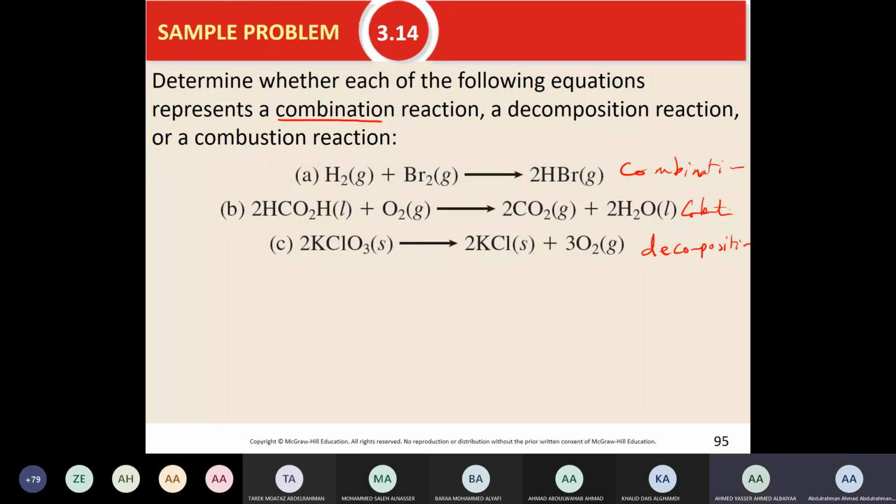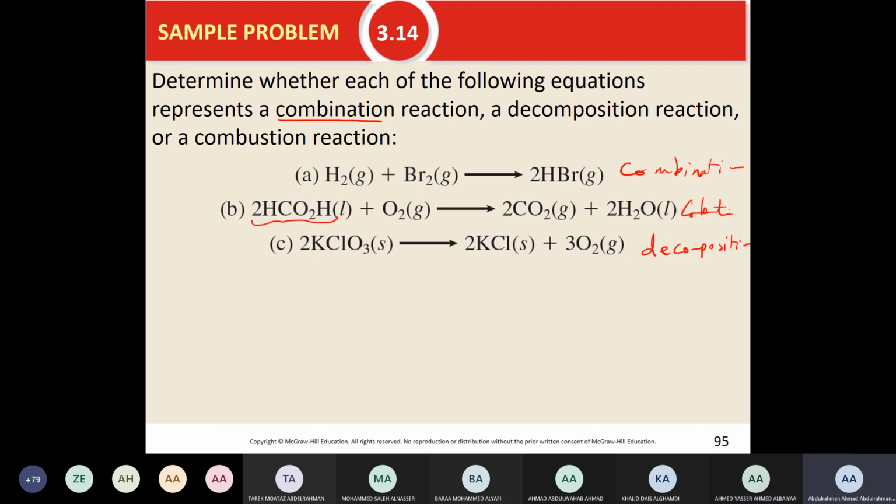If we always have O2 before the product, it will always be combustion or burning. Combustion, not composition. Yes. Okay. Not only with organic compounds.